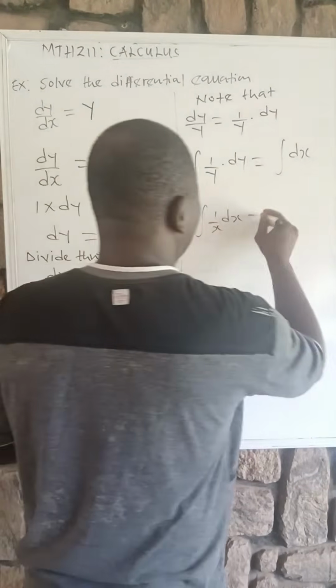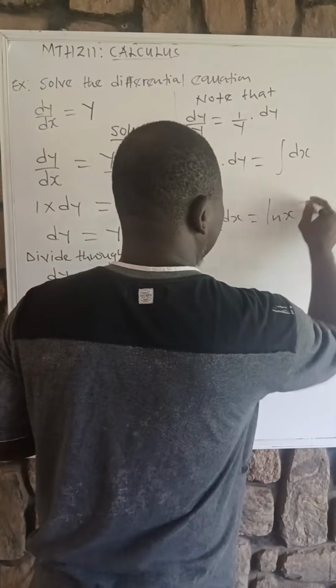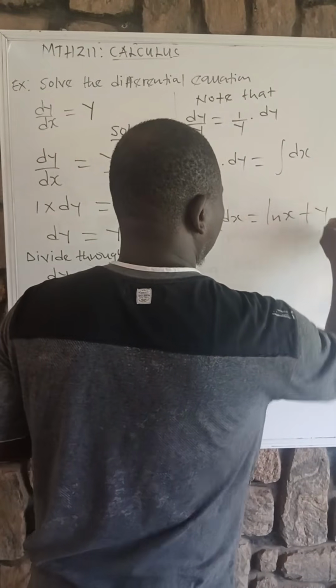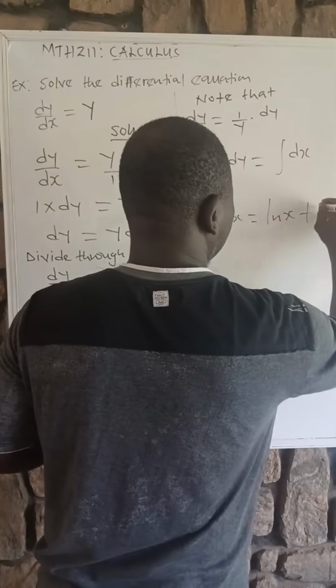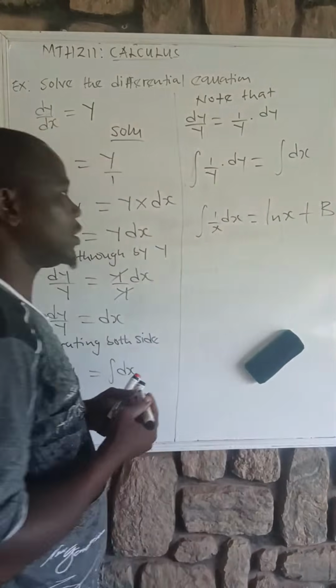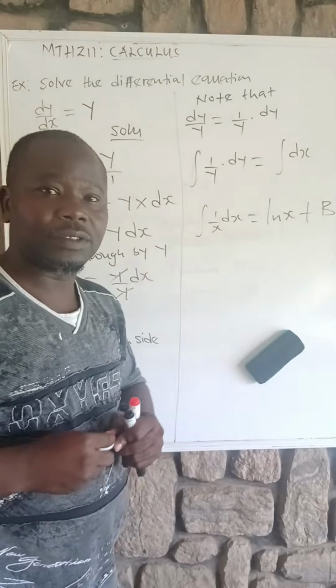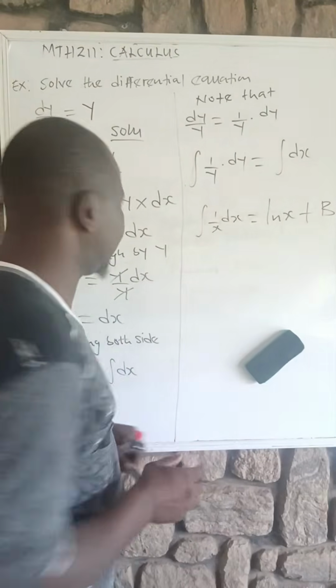You are going to have ln x plus what? Plus a constant. True or false? True, right?